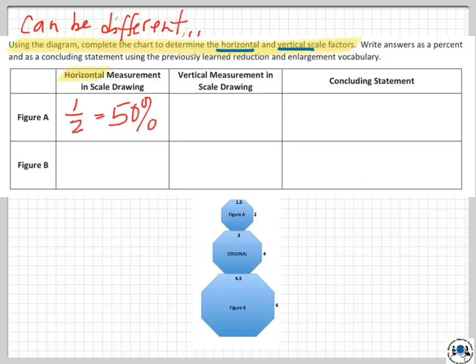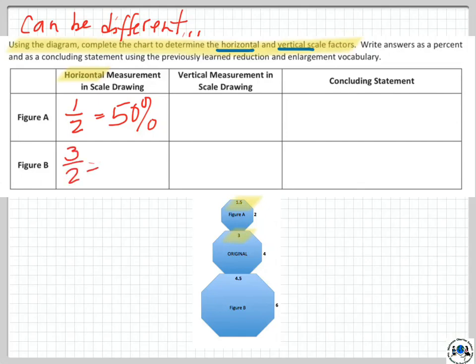Let's look at figure A. We know that for figure A, the horizontal measurement in the scale drawing is 1 to 2, which is 50%. The way we see that is horizontally we have 1.5 in the scale drawing, and in the original we have 3, which is 1.5 over 3, the same as 1 over 2, which is 50%.